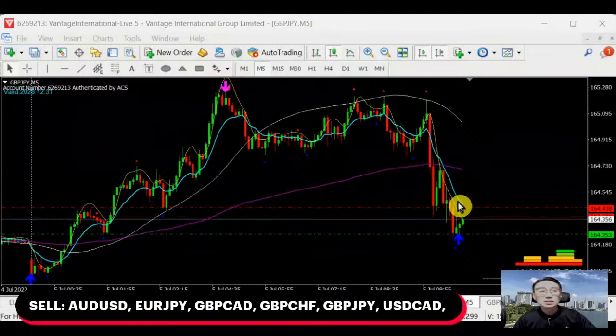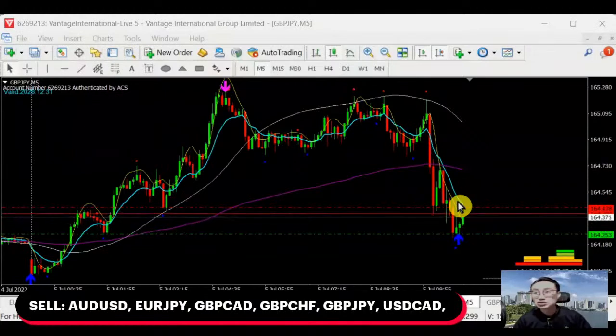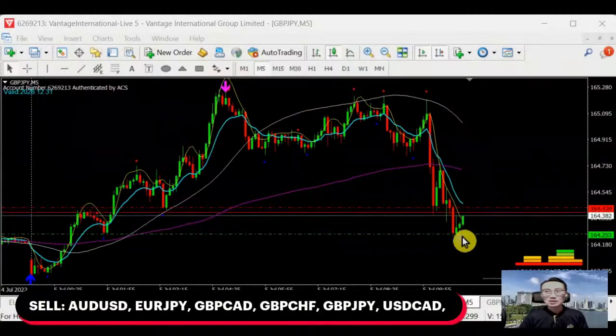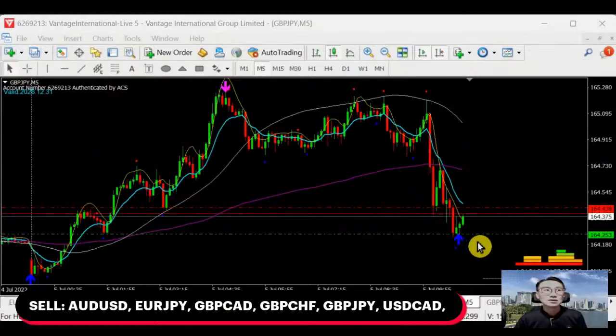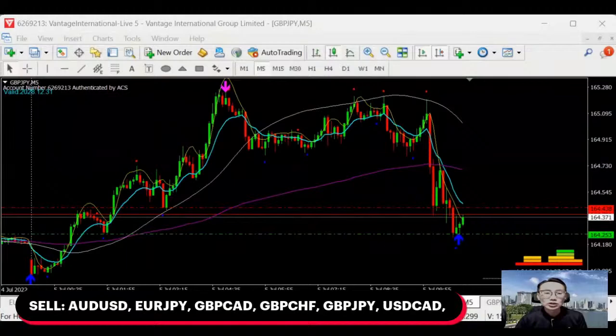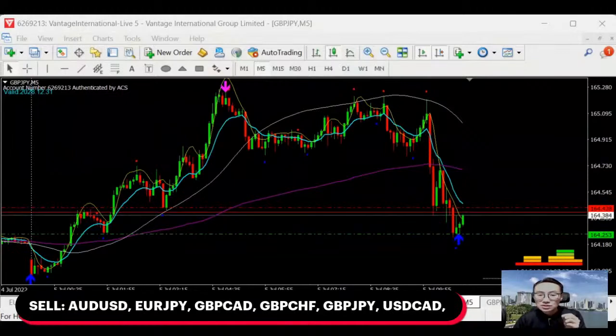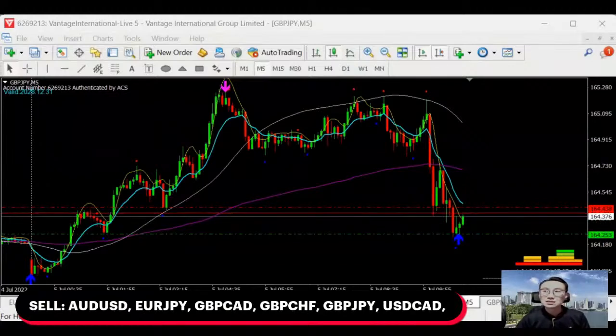In this case, you will be able to trade better, so that you will not be trapped. Just now, if somebody went to sell, you must understand the situation first. Once you understand the situation, you will be able to sell at a good price and also avoid some unforeseen circumstances.